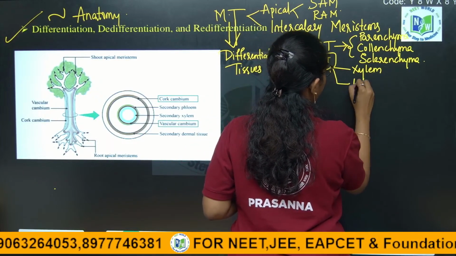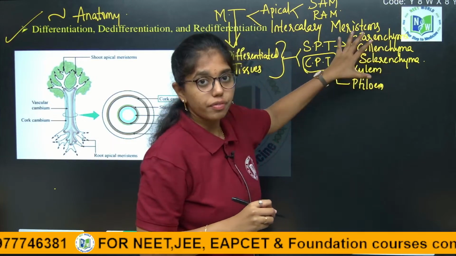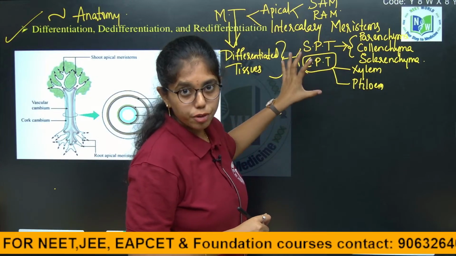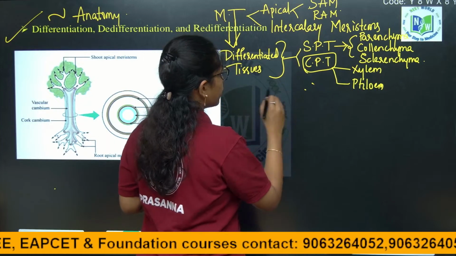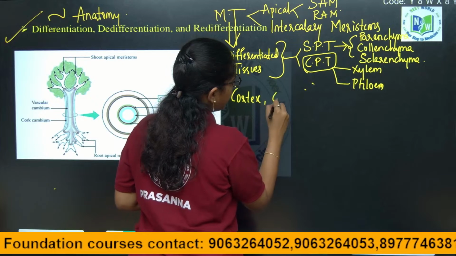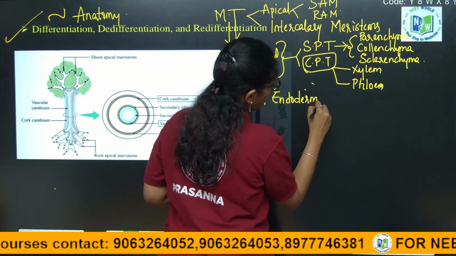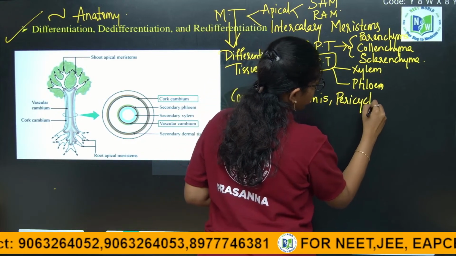These differentiated tissues will form certain regions of the plant body, which you call differentiated regions, like cortex, endodermis, pericycle and medulla.